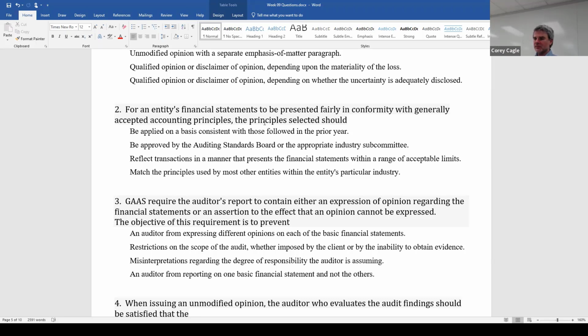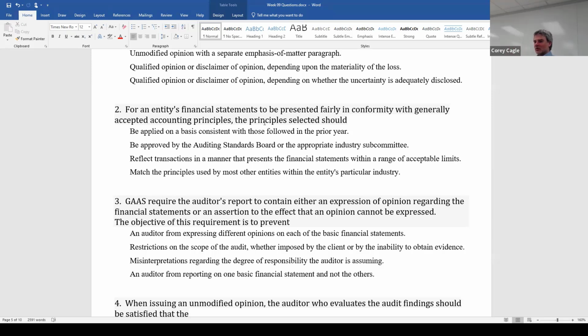B says it should be approved by the Auditing Standards Board or the appropriate industry subcommittee. Now, based on some of the answers I've seen on a question or two in this class, I feel like some in here would have answered that. So I say that to say, be sure to get a good grasp on auditing versus accounting, the auditing standards versus the accounting standards.